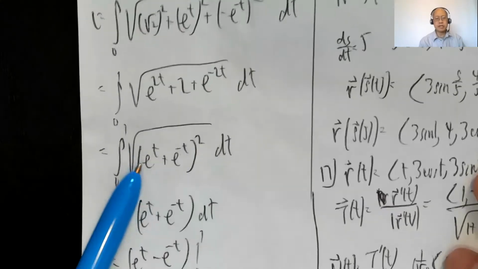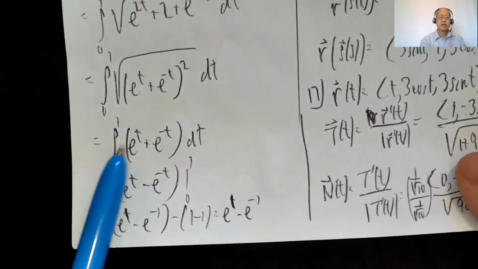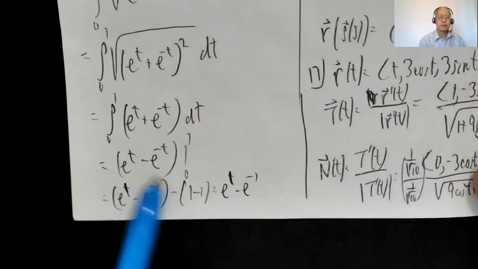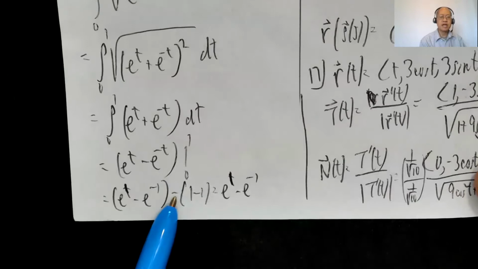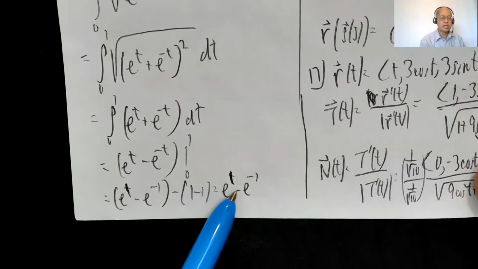If you square a square root, just take off the square and the square root. So you're integrating e to the t plus e to the negative t, which comes out to be e to the t minus e to the negative t. You plug in 0, you get 1 minus 1, which is 0. Plug in 1, you have e to the 1 minus e to the negative 1.